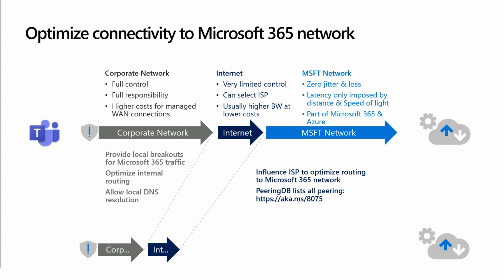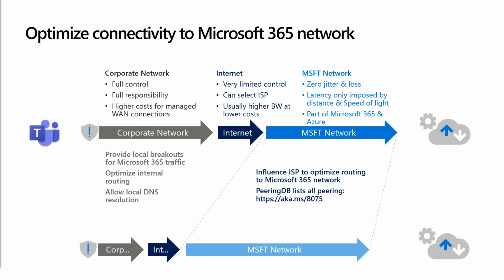We also want to remove as much internet as possible. And by internet, we mean the wild, wild west that is the internet. The internet doesn't support quality of service. You can't necessarily control the routing. You can't control what network traffic is there, bandwidth controls, things like that. So the less time you spend on the internet, the better you are.